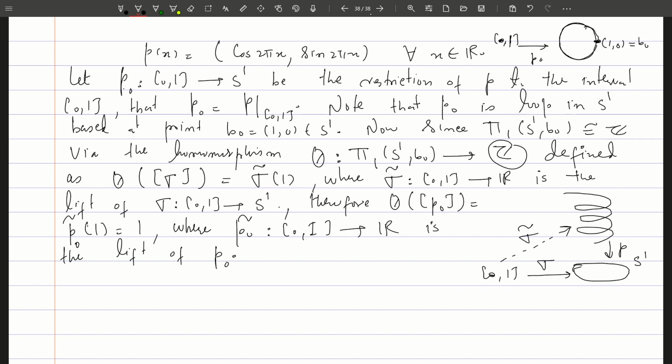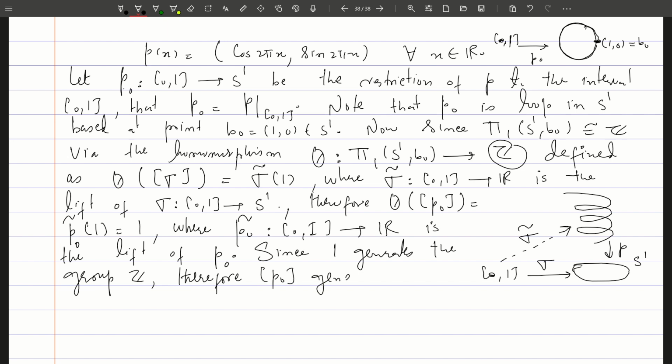Since 1 generates the group Z, therefore the homotopic class of p naught generates the fundamental group of S1 based at B naught.